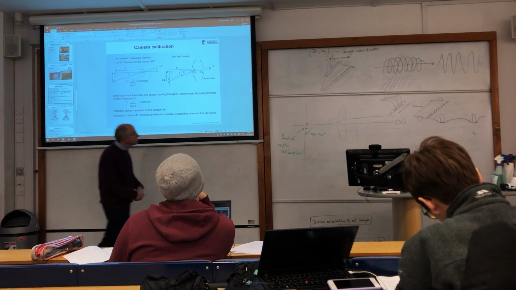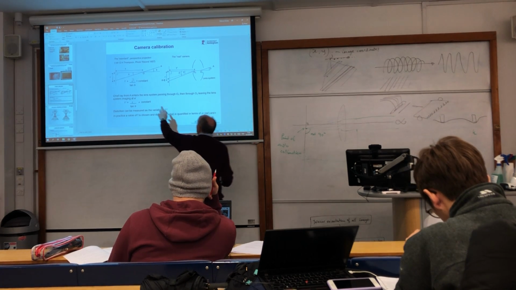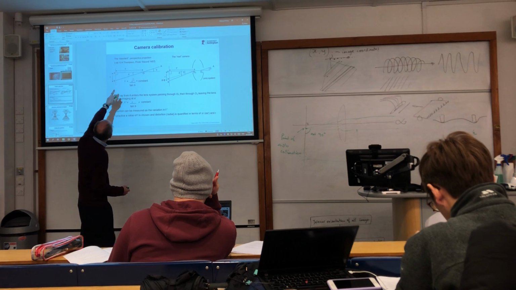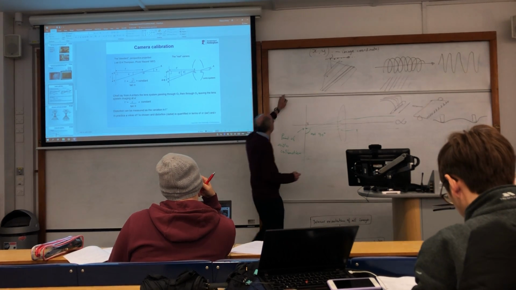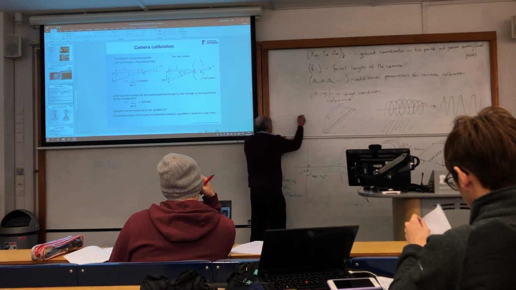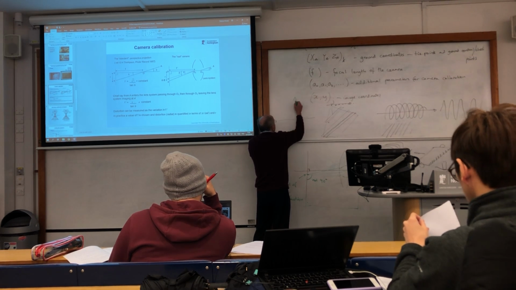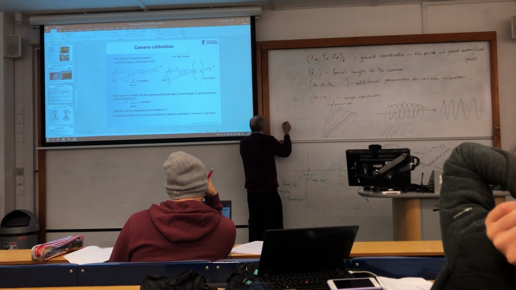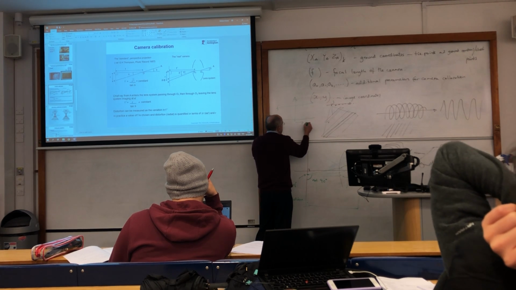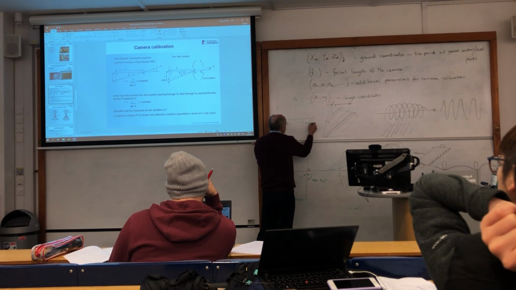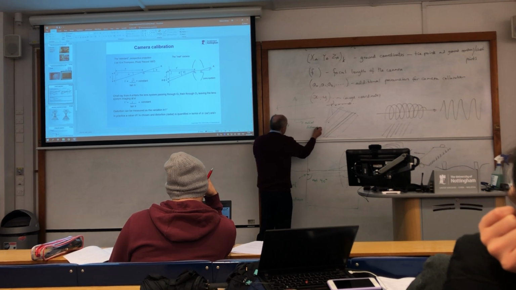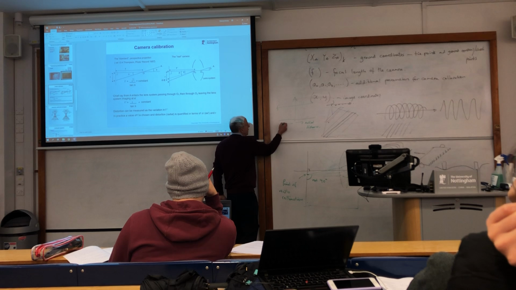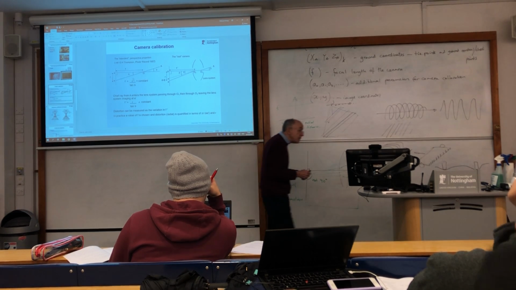So if you were to draw a graph of the radial distance compared with f, you would end up with a graph that looks like that. F would be a constant, and this is the radius, the radial distance from the centre going that way and that way.